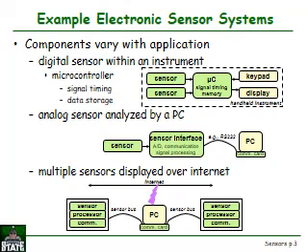This is an example of electronic sensor systems, where the components vary with applications. A digital sensor with instruments, microcontroller, signal timing, data usage. An analog sensor analyzed by the PC. This is a line diagram. Then multiple sensors are displayed over the internet here.